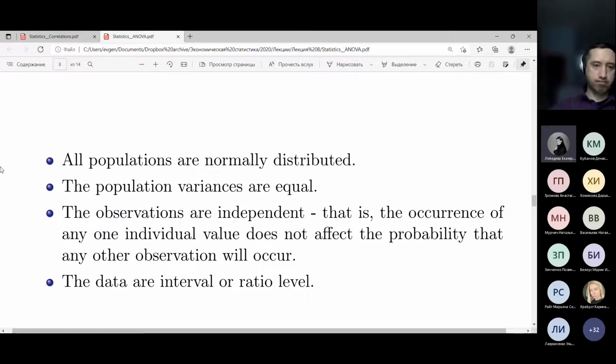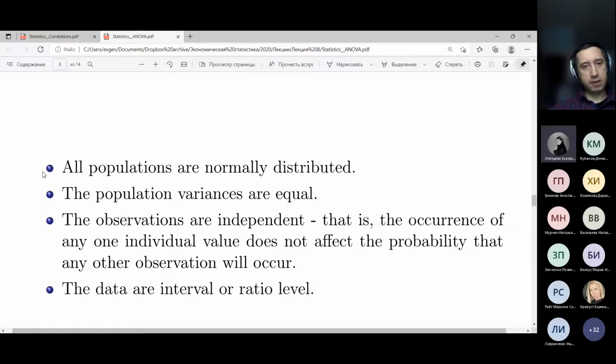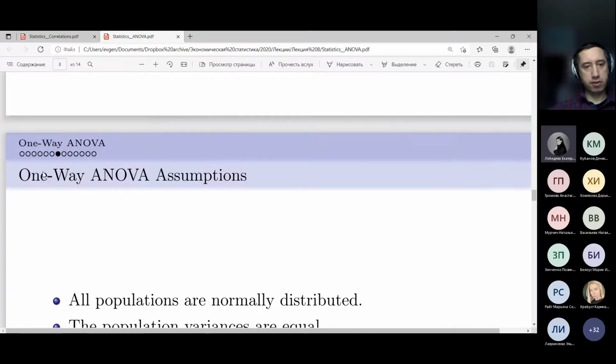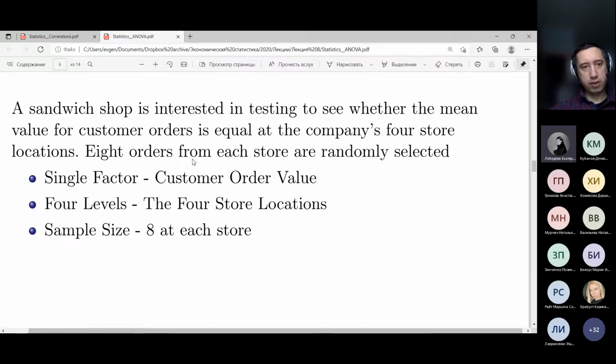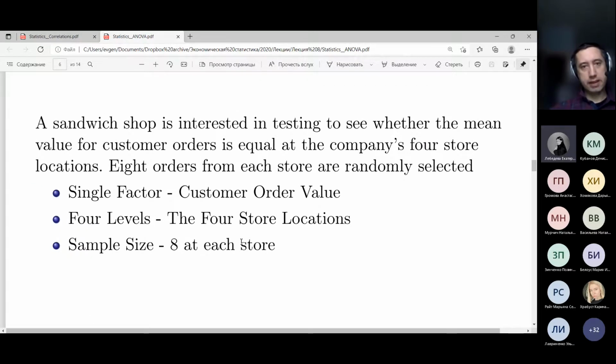Well, what do we have? We can assume that all populations are normally distributed. We can assume that these variances are the same. Well, that's good. What else? There is no information in our task that sales in our stores could be dependent.